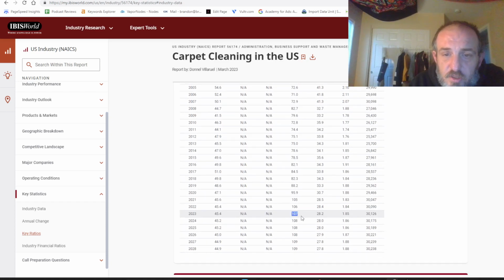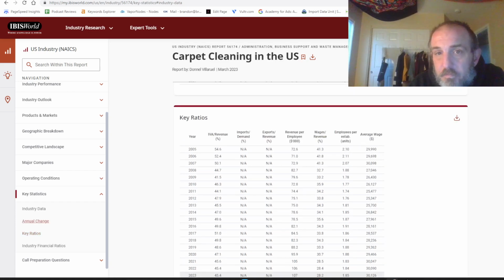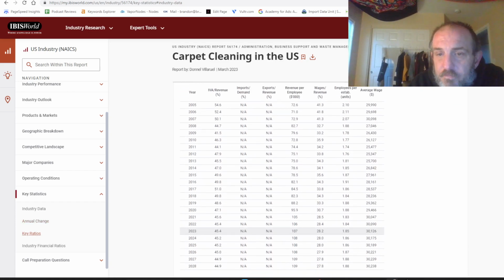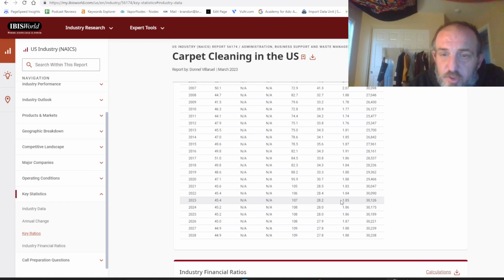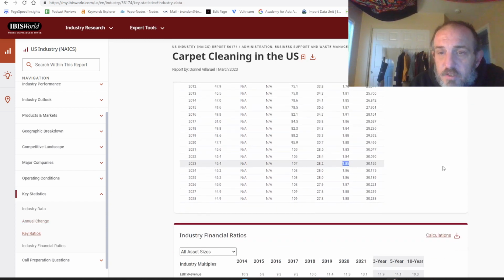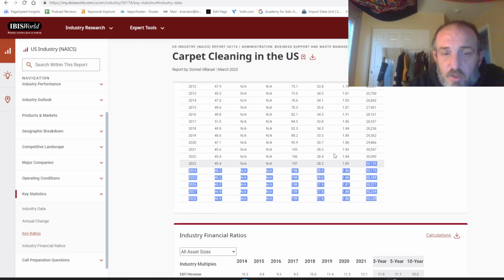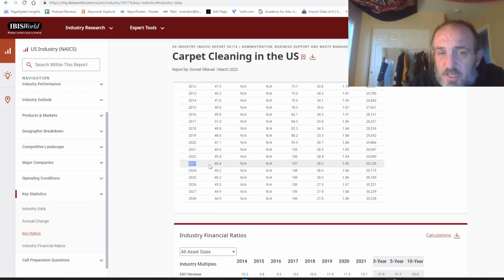For instance, you could have pulled the revenue per employee right here. It also has employees per establishment, and it also has the average wage. So all those things I showed you that you can calculate, I use those.